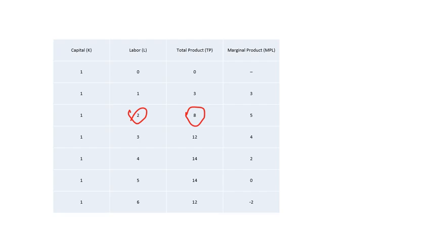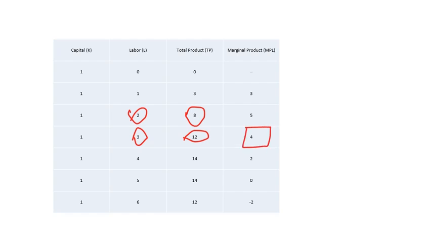if you hire one more worker, which means now instead of 2 workers you have 3 workers, the total product here will be 12 instead of 8, which means your total product rises by 4 units.